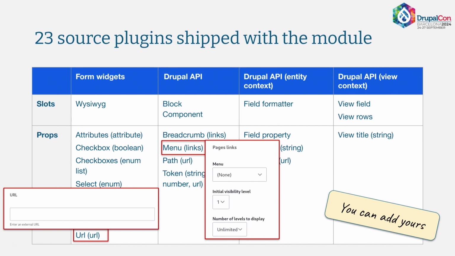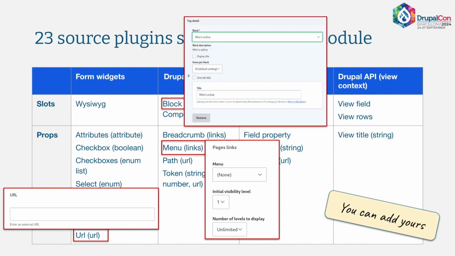But if the prop type is links, the menu source lets you pick the menu you want and configure it. Some sources are also context sensitive. That's why you are able to take the view rows from a view, because we know it's the current view. Another example: if you want to add a block plugin into a slot, you have a full block picker and configurator.